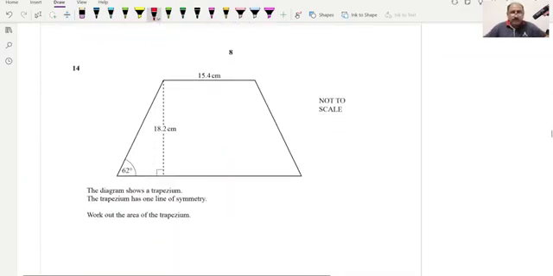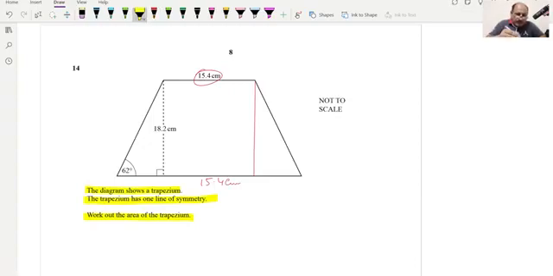So question number 14. Question number 14 says the diagram shows a trapezium. The trapezium has one line of symmetry. Work out the area of the trapezium. So we can draw a line here, and this is 15.4, so this will also be 15.4 centimeters, and we can now consider this triangle, and we need to find the base of this triangle, because the additional line length we need to find.